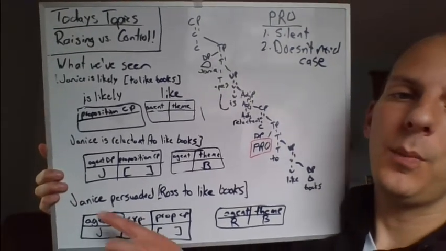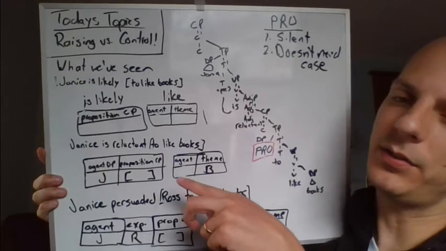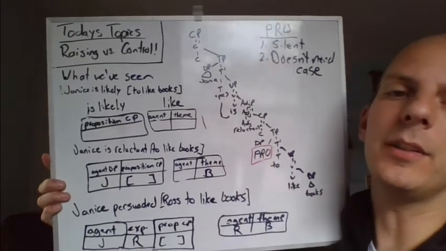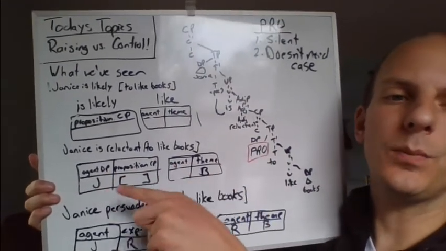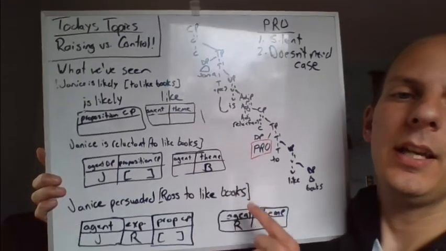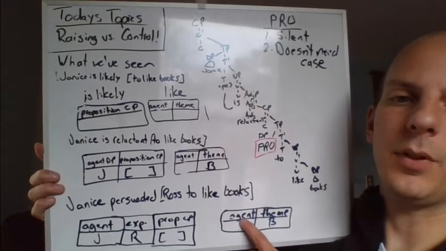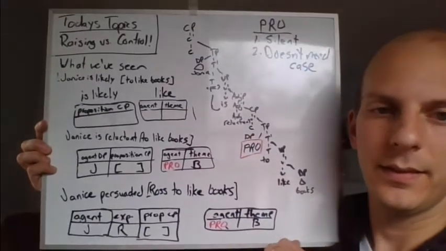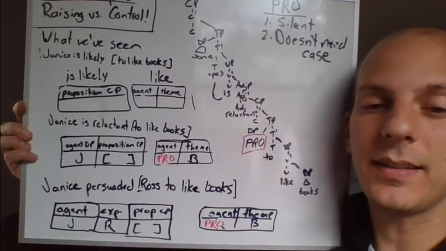How do we solve that? We actually solve it the same way we solved this one. Hopefully there's a through line that you're beginning to see. When something has more than one theta role, like we put pro here, we're going to replace this one and put pro there. So this is the solution to that.